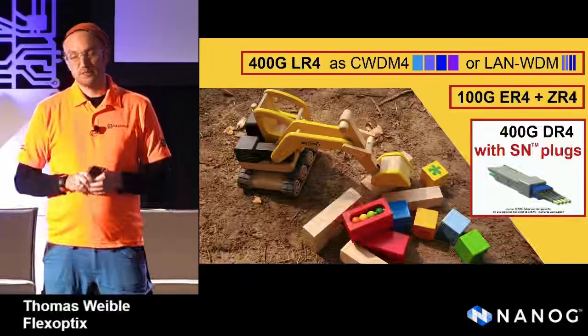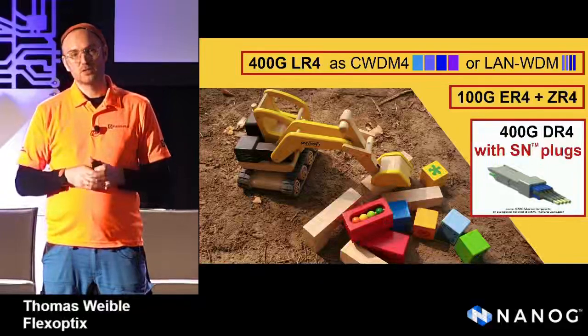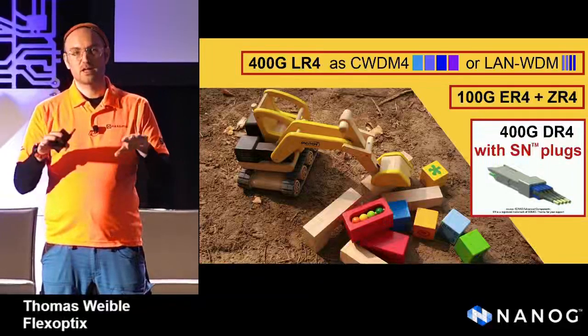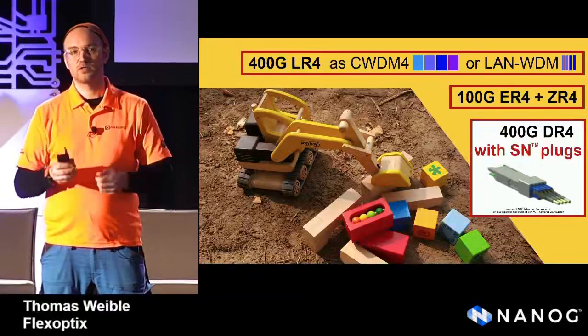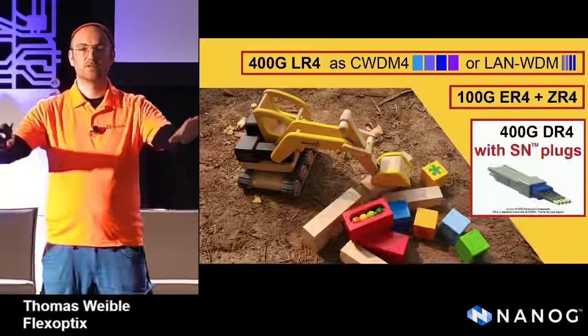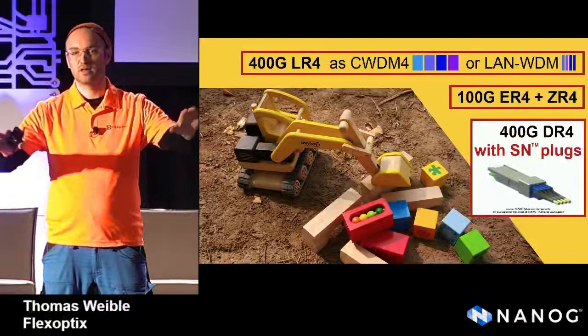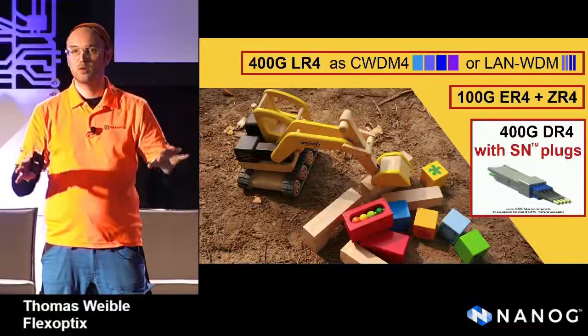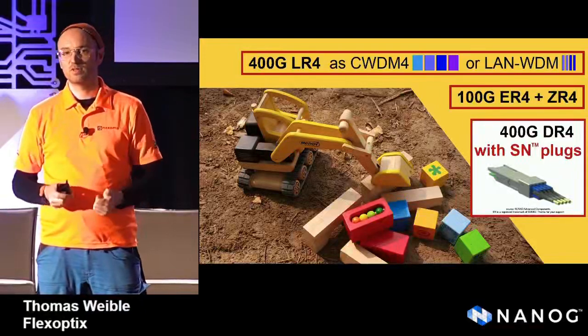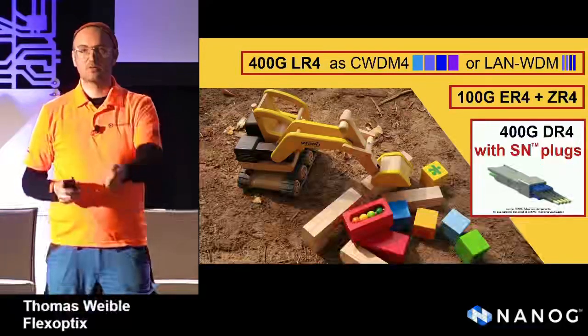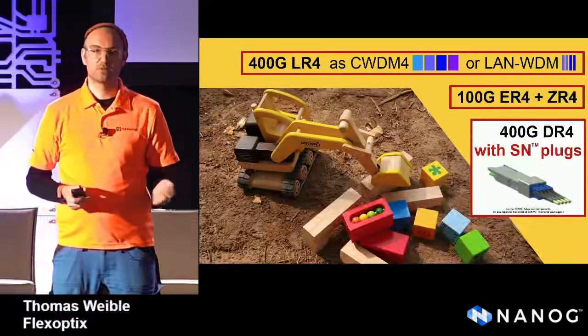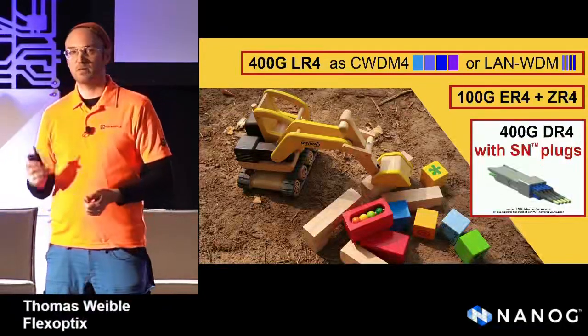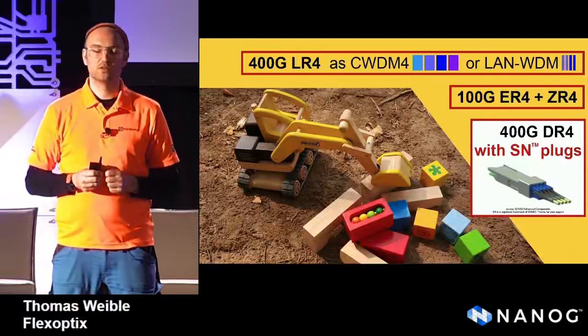The problem with this typical breakout mode is that you have those 8 fibers aligned next to each other, combined in one housing, and you plug it into the transceiver, and then you can do this fan-out mode to 4 times 10 gigabit or 4 times 25 gigabit, which is great. If you want to maintain one single link, you have to unplug the entire plug, so all the other 3 links will drop. With the SN plug, this issue is solved.